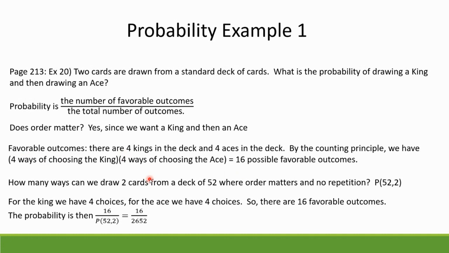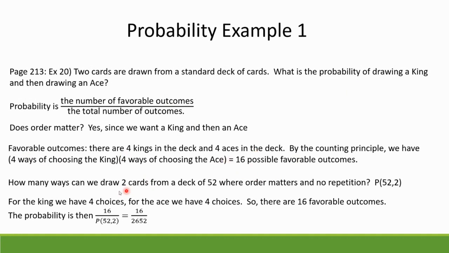Does that make sense so far? If it doesn't, please say so and I'll explain it again. Okay, so there are 16 possible ways we can get a king and then an ace. Okay?